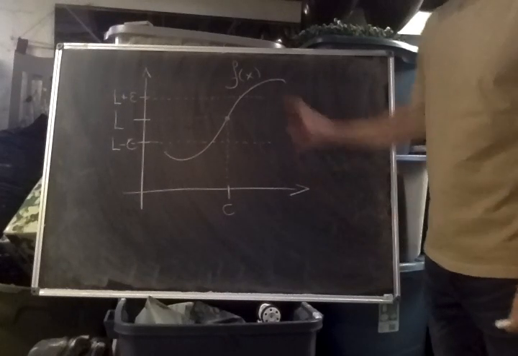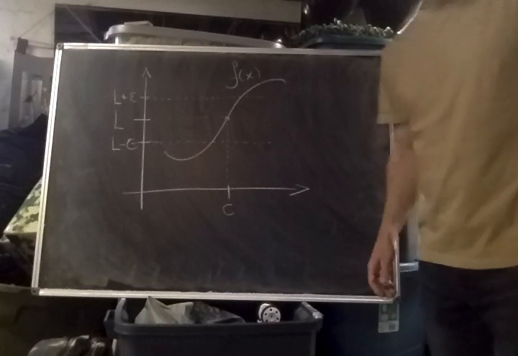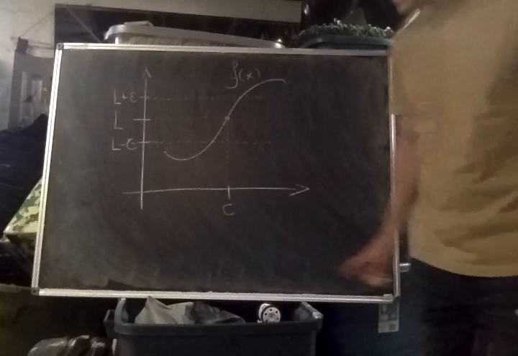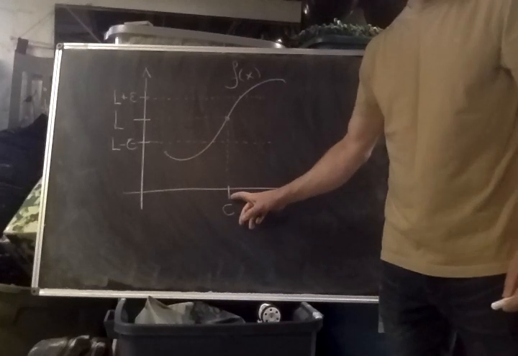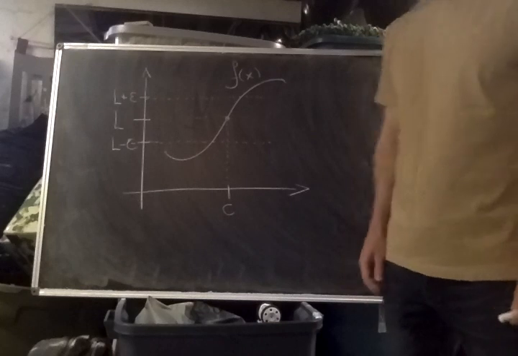The idea is that you want the height of the function somewhere in this tube, and the only thing you're allowed to control is how close you are to this point c, along the x-axis, right?